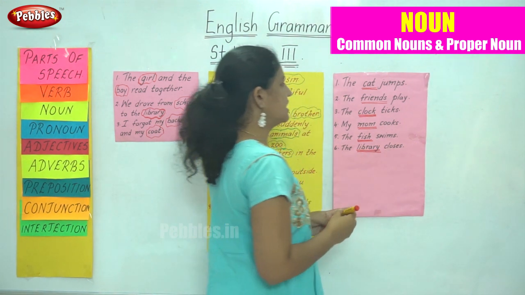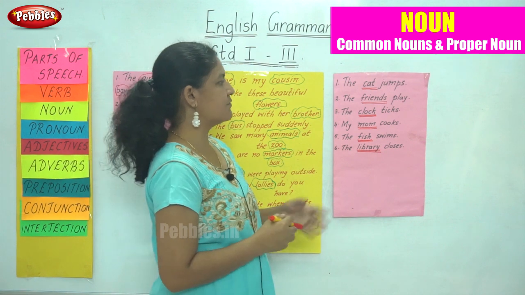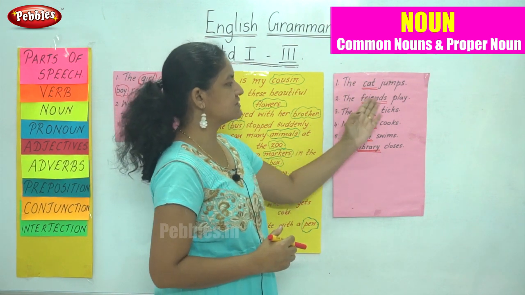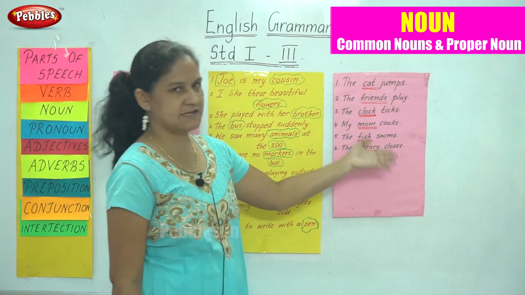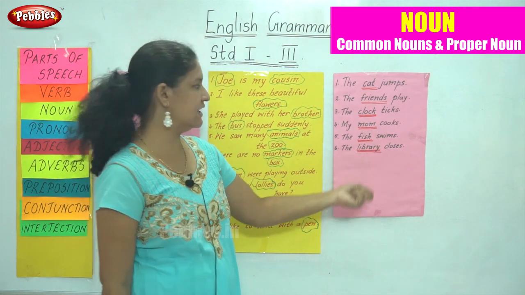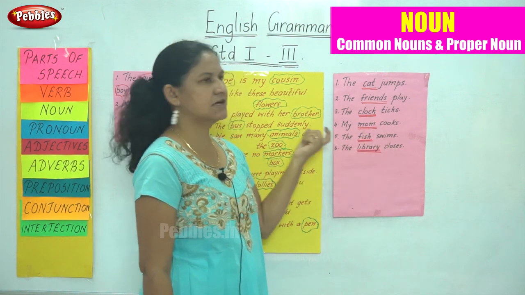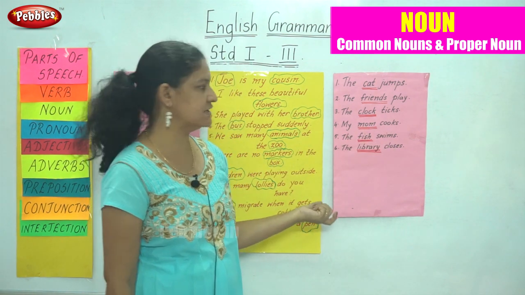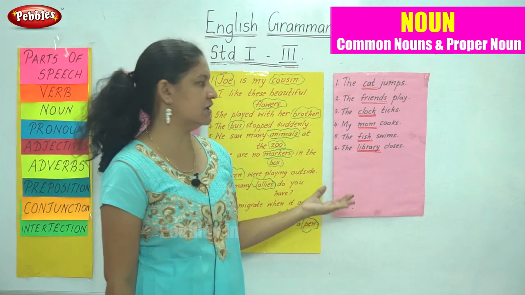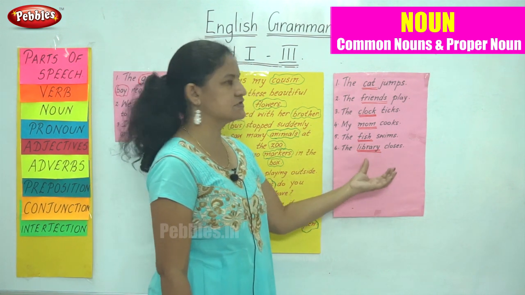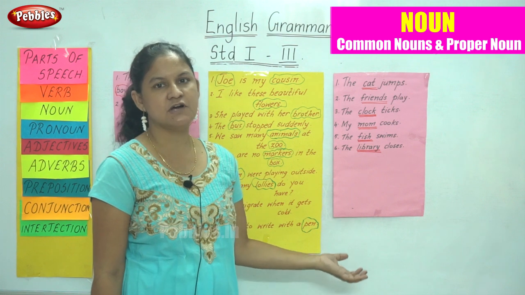So I have: the cat jumps, cat is the name of an animal. The friends play, friends is the name of people. The clock ticks, clock is the name of a thing. My mum cooks, mum is the name of a person. The fish swims, fish is the name of an animal. And the library closes, library is the name of a place.